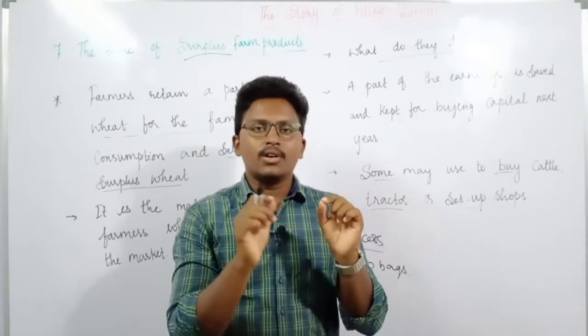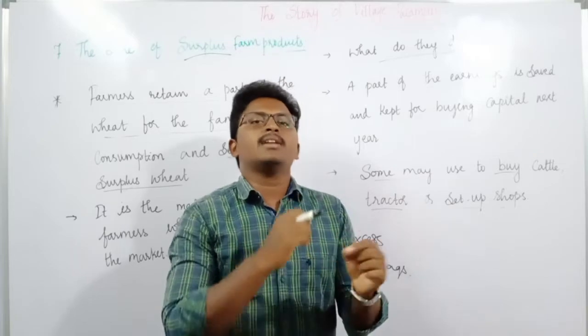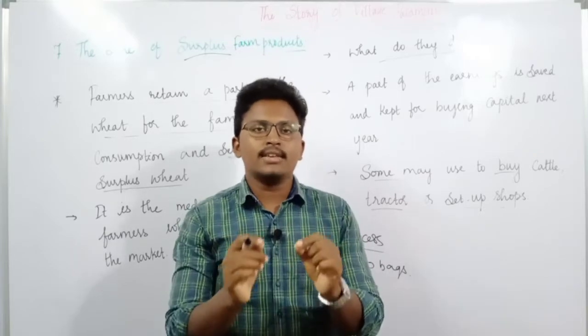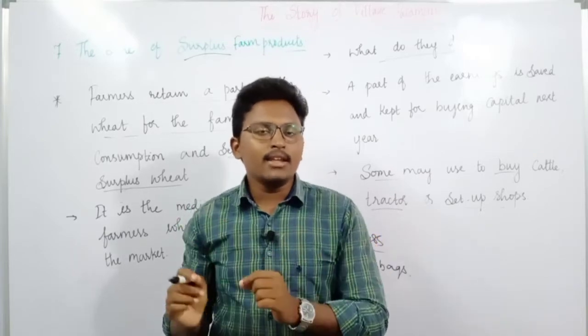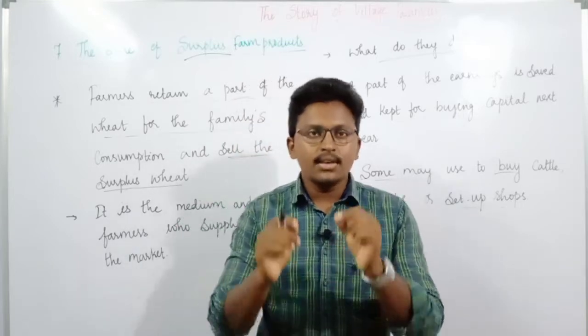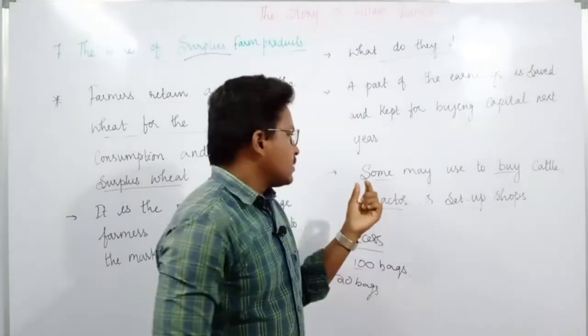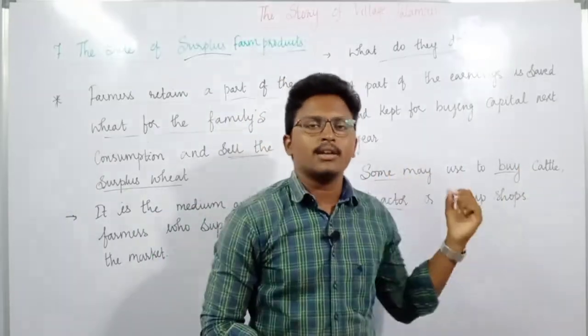After selling, some part of the money is saved for next year to use as capital. The remaining money some people may use for their own consumption, and sometimes for buying cattle, tractors, or setting up shops.